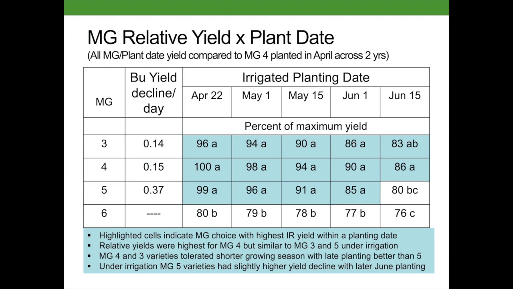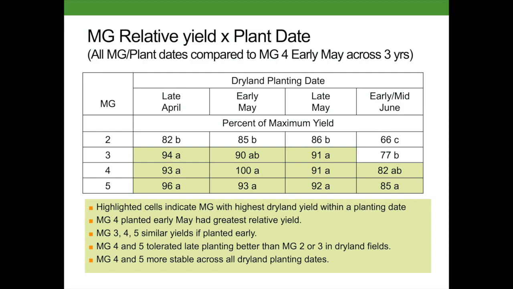But our irrigated data suggests that if you can supply water, a group 3 is actually a better option than a 5 in that later June planting window. I thought those results were interesting, and they supported that a group 3 is maybe a little better fit than a 5 with later planting. The dryland work that we've done, we are still in the process of completing this project.